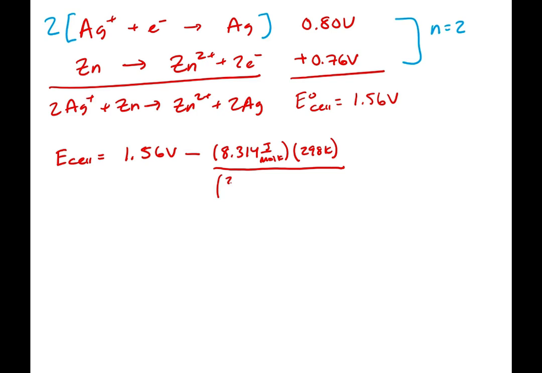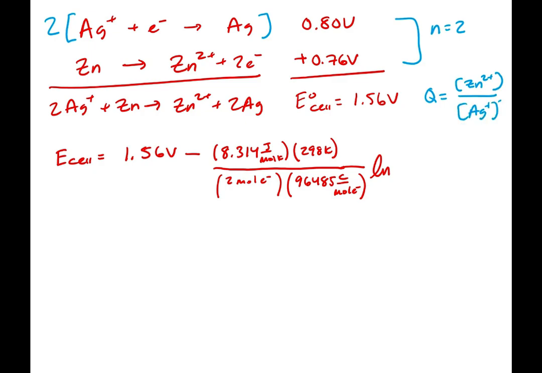We'll go ahead and put that in here. And I'm going to say a word about the units on this in a moment, because there is an important thing to take note of about that. And then F is 96,485 coulombs per mole of electrons. And we multiply that by the natural log of Q. Now Q for this reaction is the concentration of Zn2+ over the concentration of Ag+ squared.